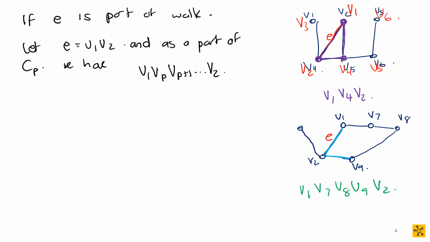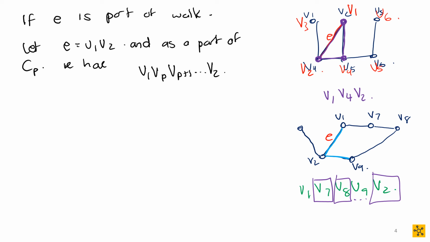So here is your VP. That's your VP plus 1. It goes on, and then it connects to that V2. Okay, so that's what we're saying. We're generalizing it. So we're saying let edge be V1, V2, and we can do that because we can just relabel the vertices of our graph however we please, and as a part of the cycle CP. Then we're going to have a case of we take V1 to V2.